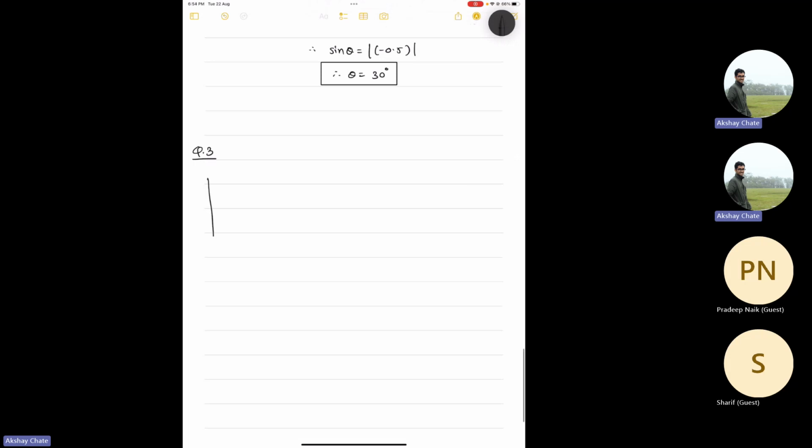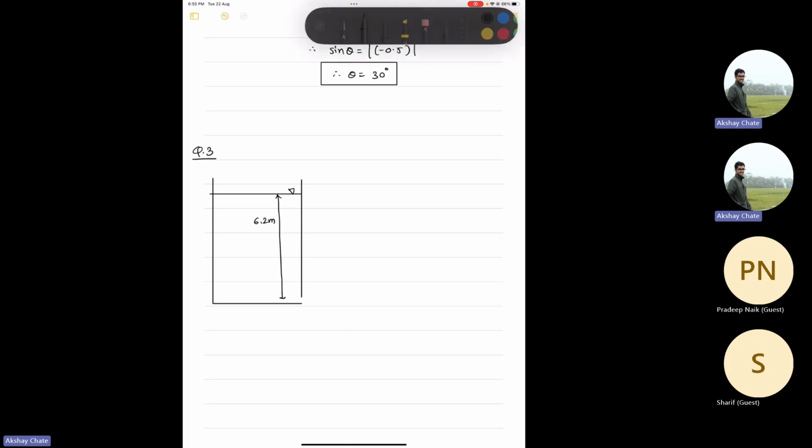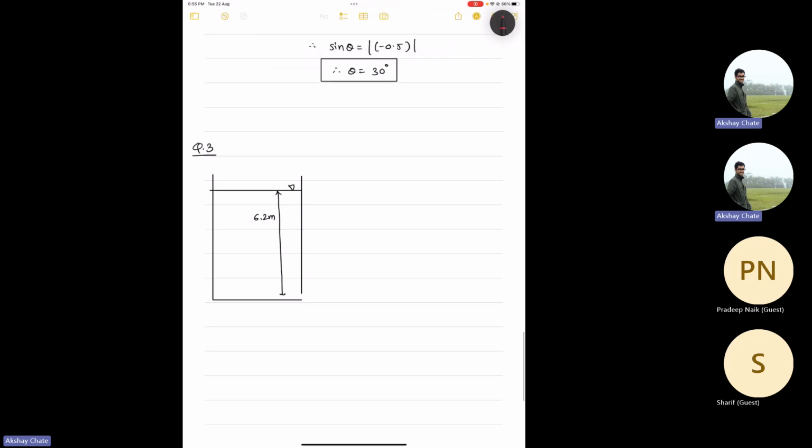Again, this was asked in one of the GATE papers. There is a tank like this. The height between the free surface and the midpoint of the jet, where one jet is flowing out of here like this, is given, and it is hitting a wall.